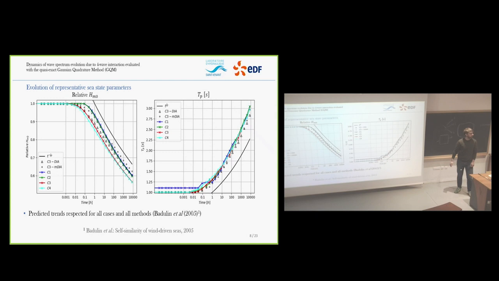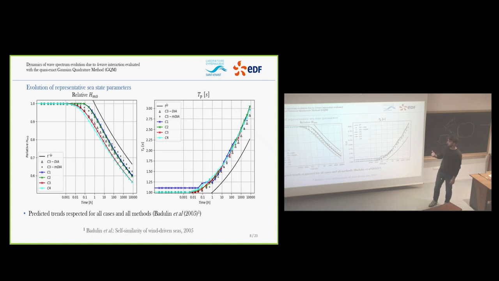We may move on to look at the first results. The first thing we looked at was the evolution throughout the simulation of the representative sea state parameters. On the right, you can see the significant wave height at different time steps divided by the initial wave height.